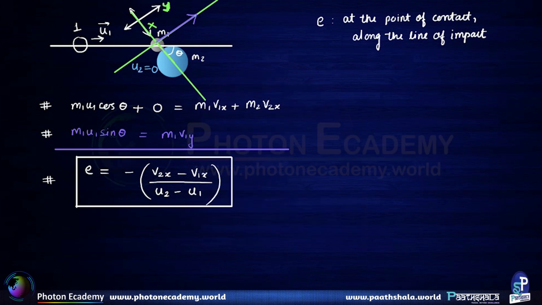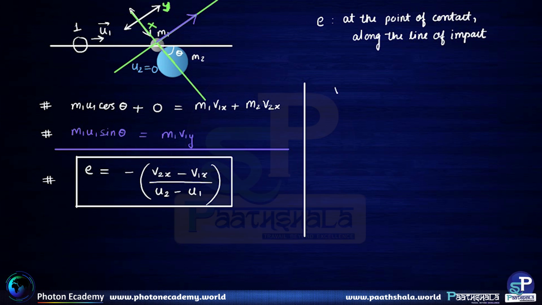If mass 2 did not have zero initial velocity, then in that case we potentially could have had four possible unknowns. Namely, in general in 2D collisions, the four unknowns present are v1x, v1y and v2x, v2y.